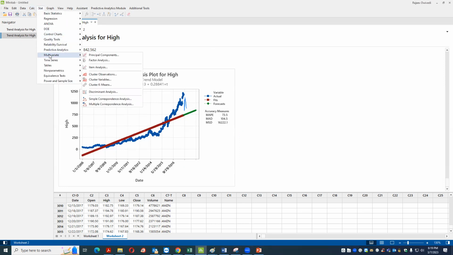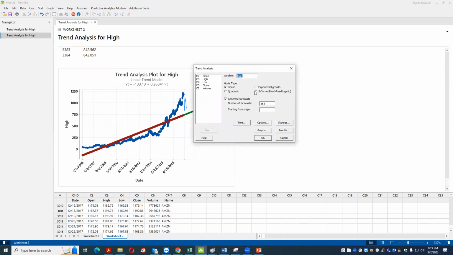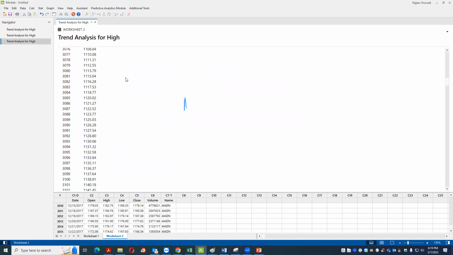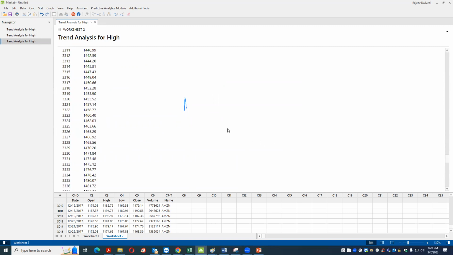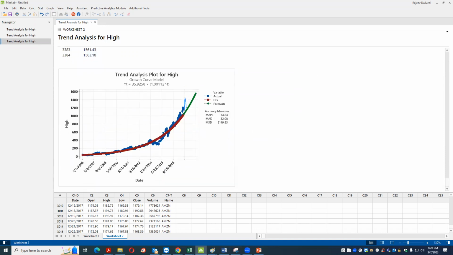Statistics, Time Series, Trend Analysis. Now instead of linear, I'm going to do the exponential. I think I put the stamp, yes. And now run it. The model is this. I'm not going over this, but you can clearly see I'm getting a value of 1563 here.